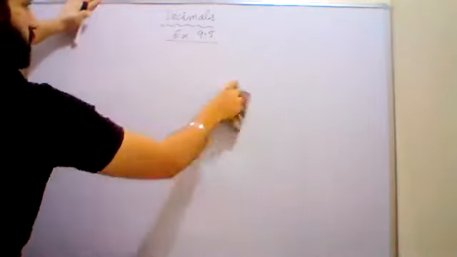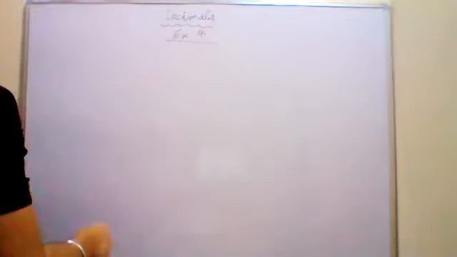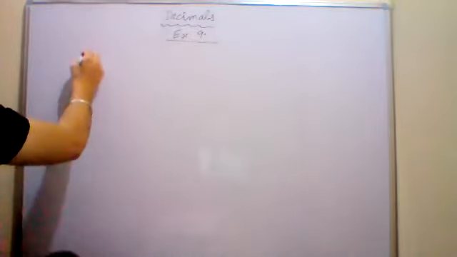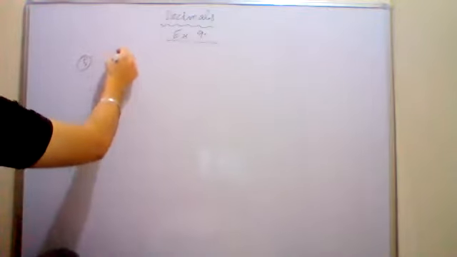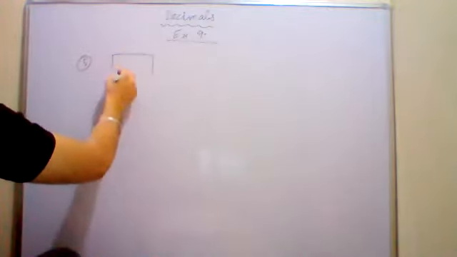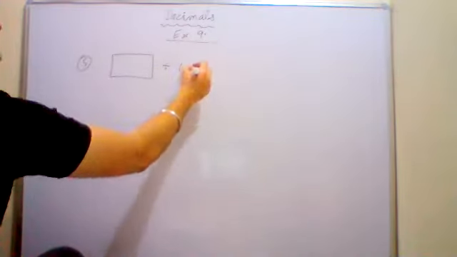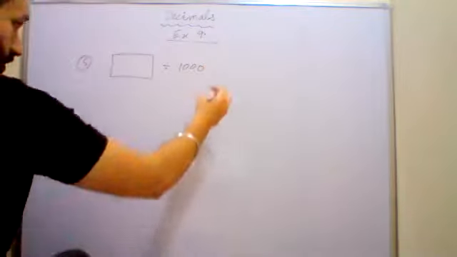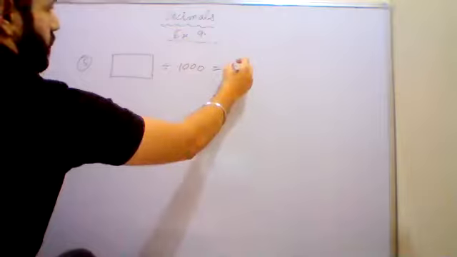Excuse me, sir. Yes. Sir, I didn't understand the fifth and sixth parts of question C. Okay, the fifth one I'm telling you. Dash, when divided by 1000, you get 9.1763.